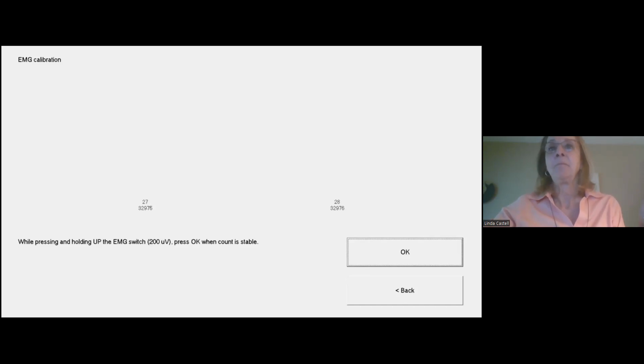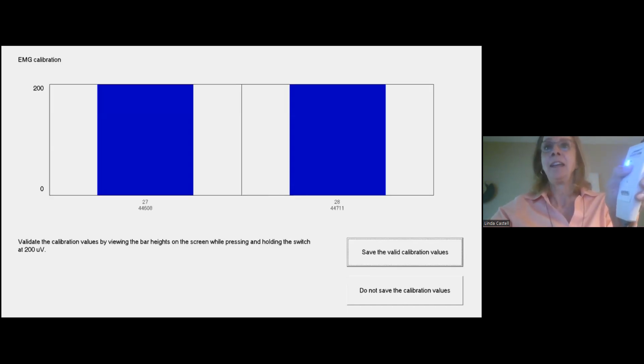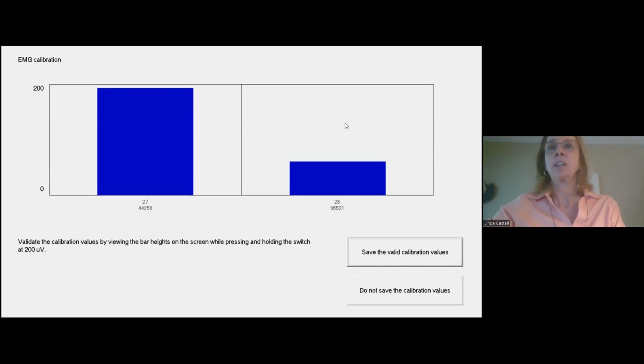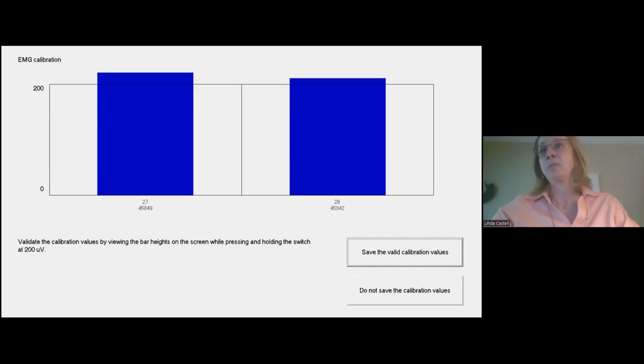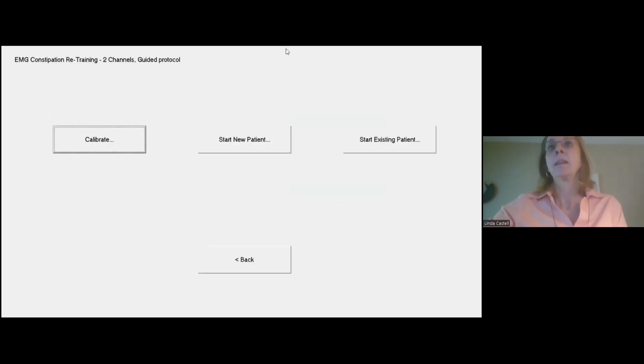I click OK. And now it's going to ask me for a high value, which is 200 microvolts. So I click on high, I hit OK. And now my computer's asking me to verify my calibration value. So I'm on high, I'm going to click on low, and they should all go down to 0 microvolts. So calibration is really easy. I'm going to save it.